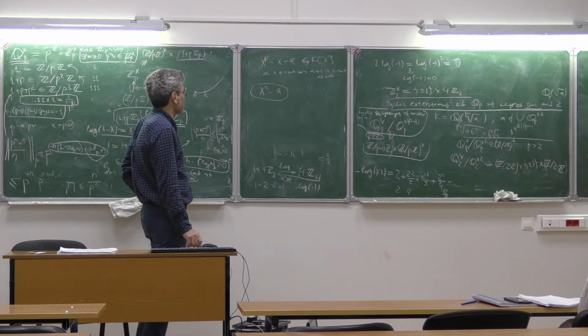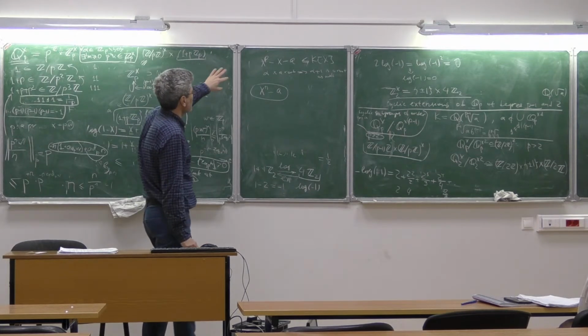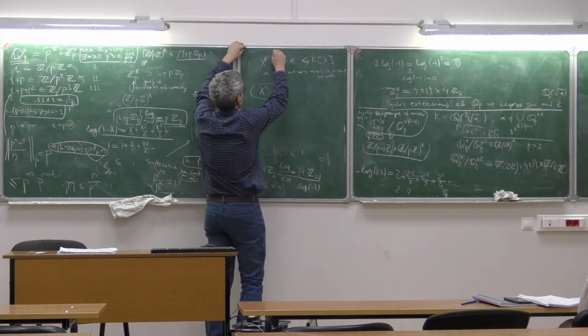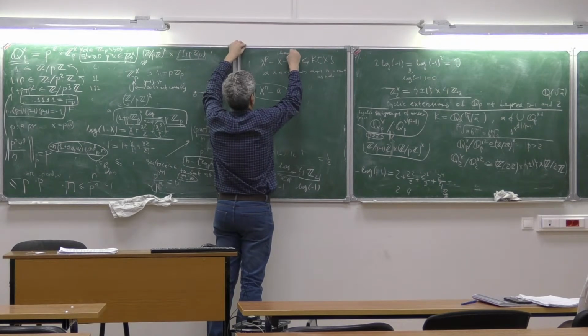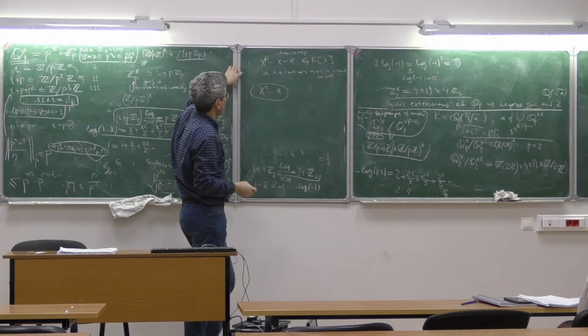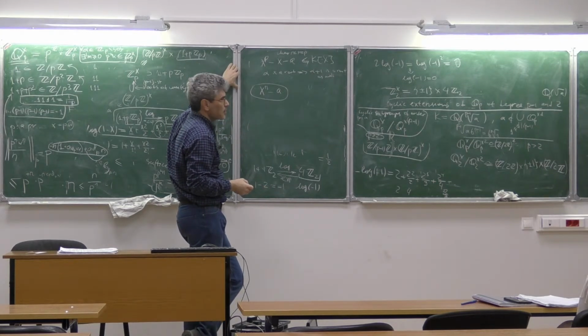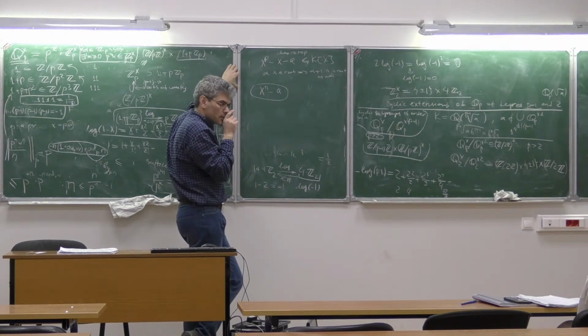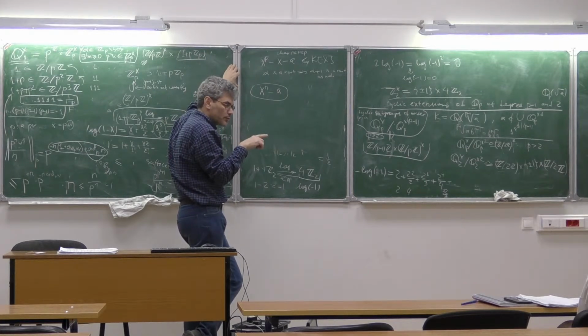No. Yeah. So you see that we assume that the characteristic is p. By the way, do you know how to express the sum of roots in terms of coefficients?